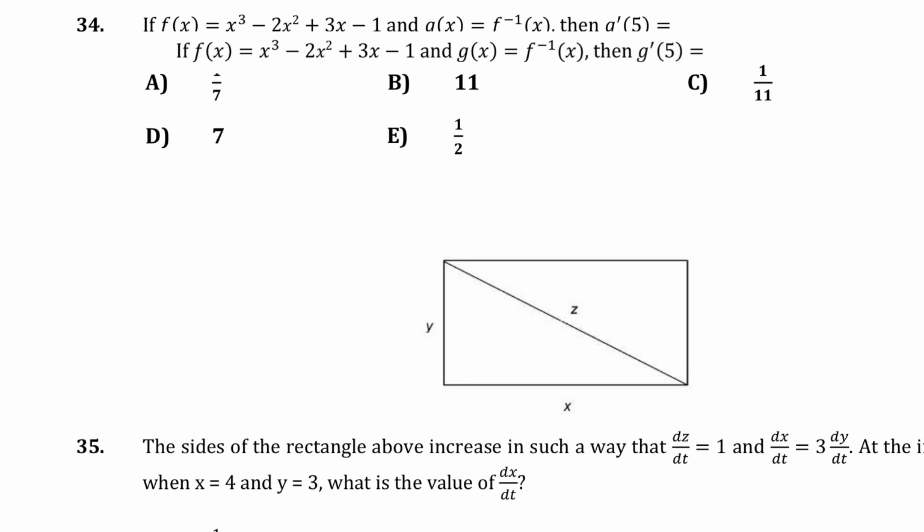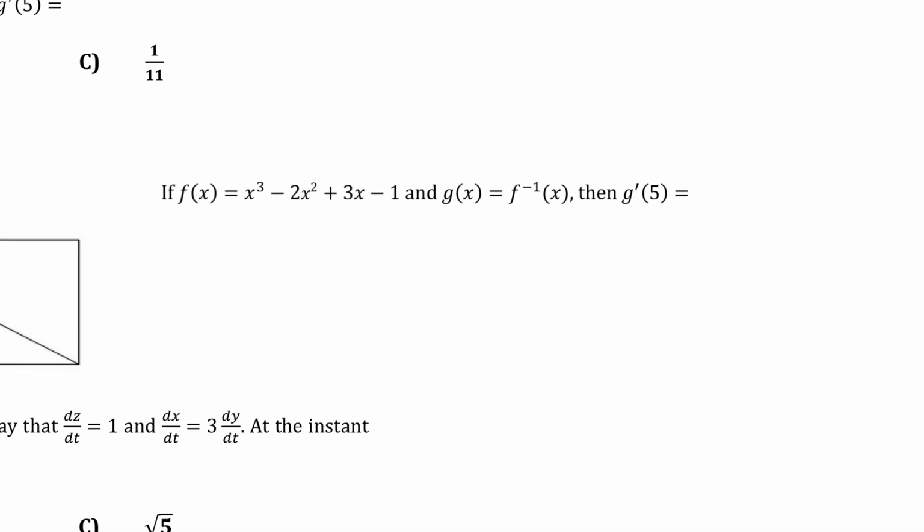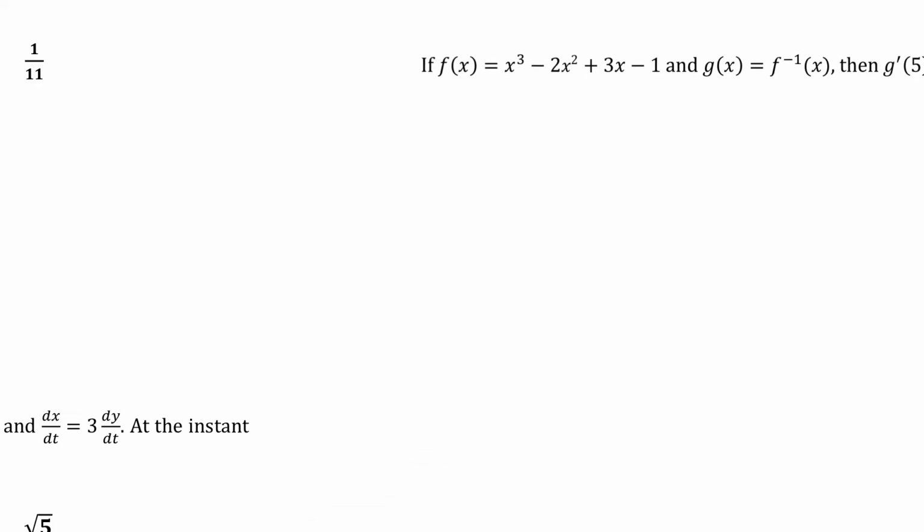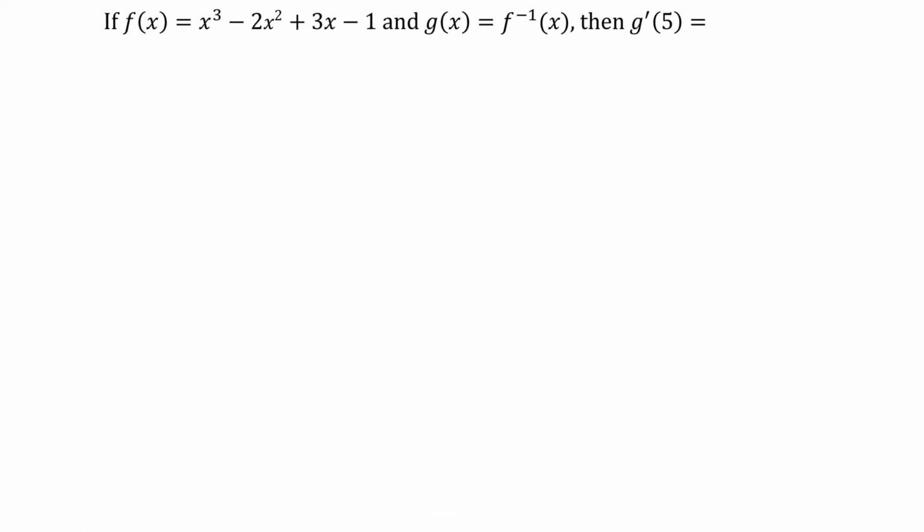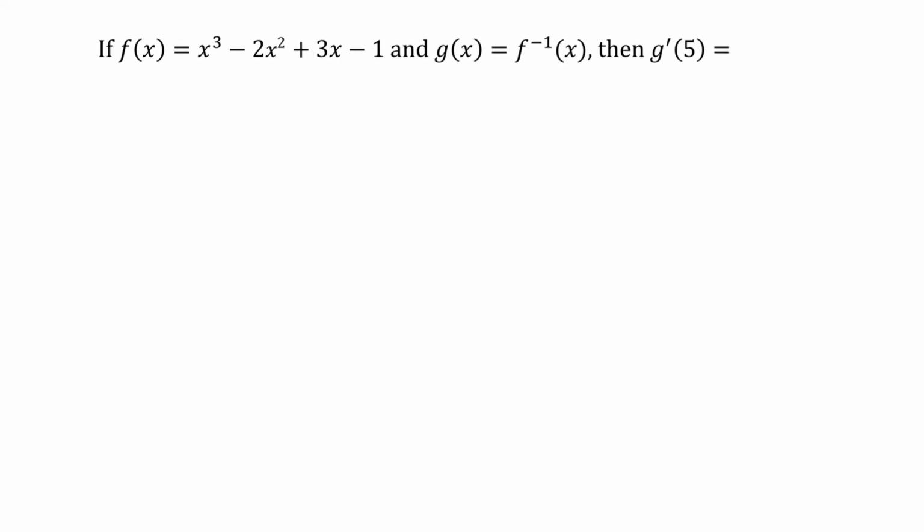Bringing this over here. So in this statement, g of x is equal to f inverse of x. What that means is, as we have f of x, we have the x and y, and then for g, the x is here and the y is here.